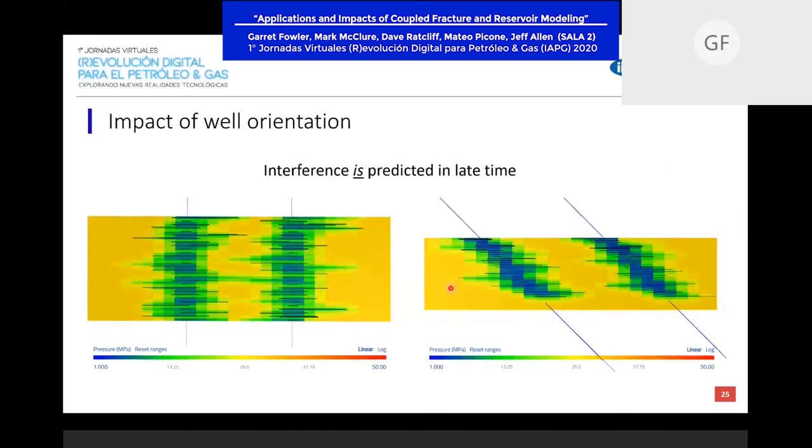So when you drill off azimuth, you can see SH max here is horizontal across the slide. The cluster spacing between these two simulations is the same, but the effective fracture spacing is smaller when you're drilled off azimuth. And so that then has implications on cluster spacing and optimal well design.